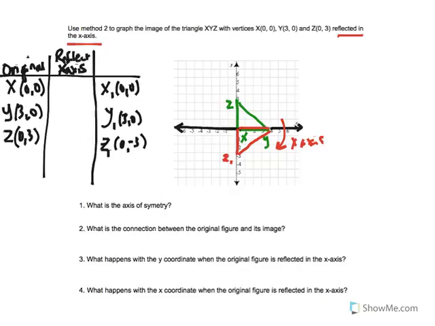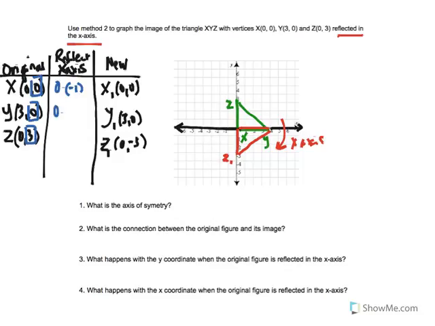So what happened from the original to the new points? Look at the y-coordinate here. Y-coordinate started as 0, started as 0, started as 3. What if I tell you that every time we reflect something over the x-axis, we multiply the y-coordinate by -1?